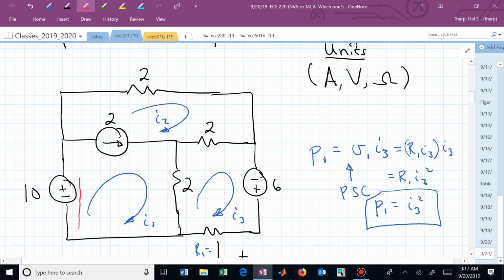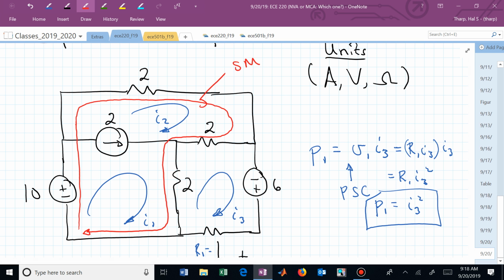So I would go up here and I'd say I'm going to bypass that current source since it's in both mesh 1 and mesh 2, and go around 2 and then bypass it again and then come back here. That's going to be my super mesh for dealing with that current source that's in both meshes.